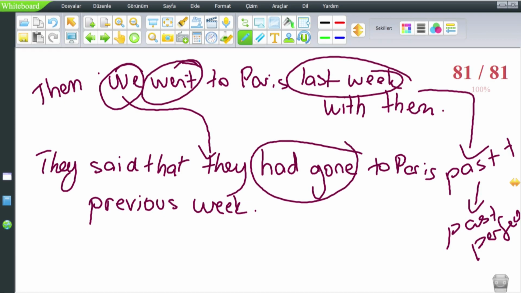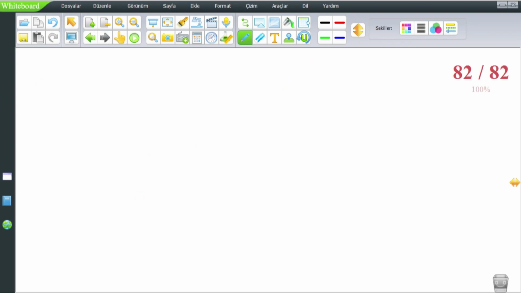And now, a few more examples of normal sentence reporting, and then we will jump into questions and requests and orders.